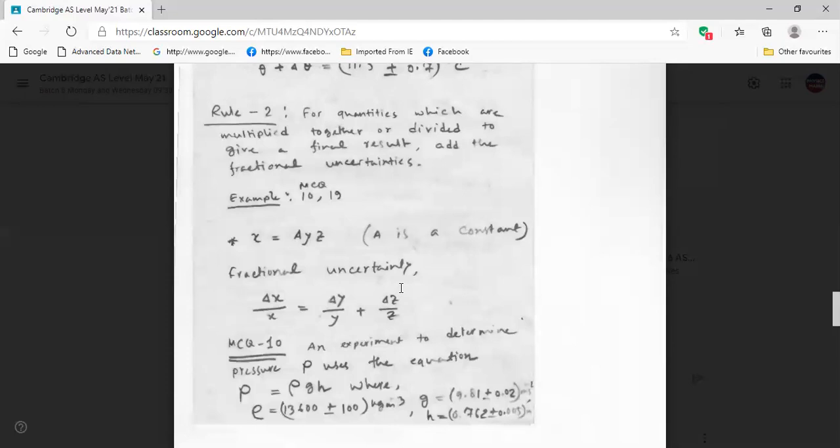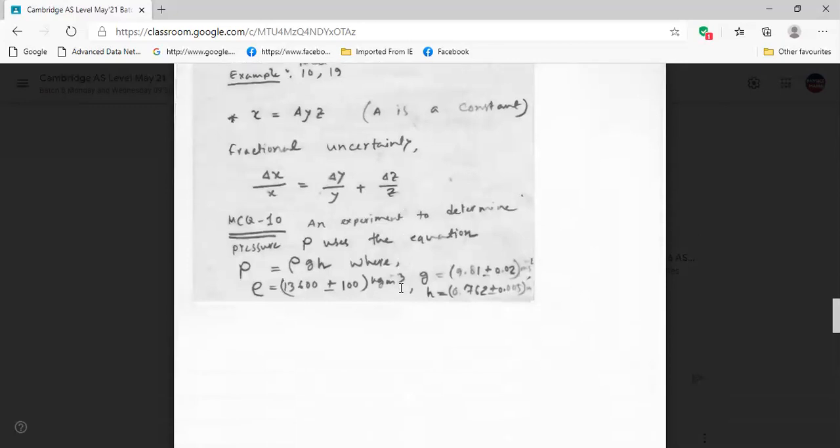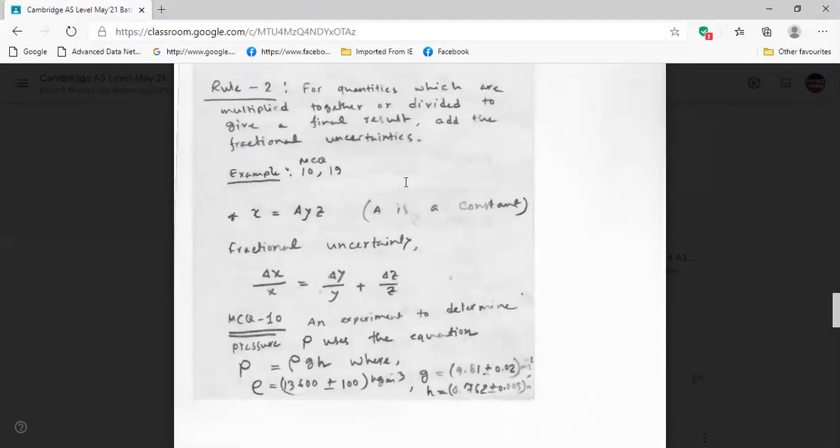So are you done till here? No, sir. Fractional uncertainty till here you are done? Sir, I'm writing. Okay, right. It's the last line. I'm saying that del x by x, this part is done. Del x by x equals del y by y plus del z by z. Till here you are done? Yes, sir.